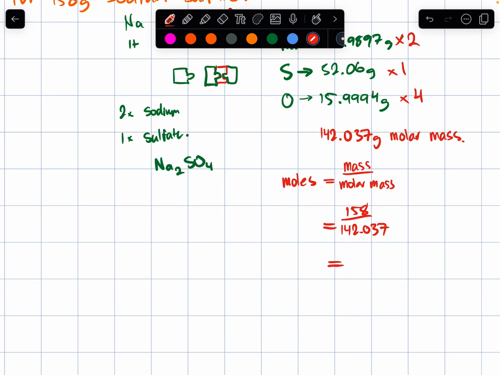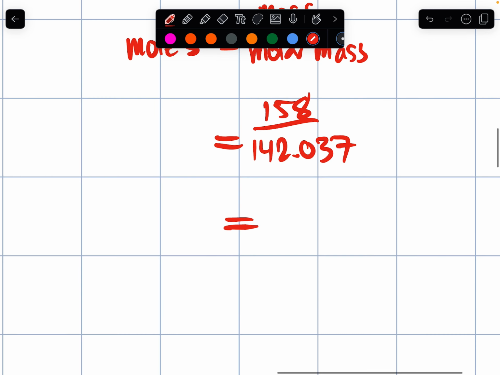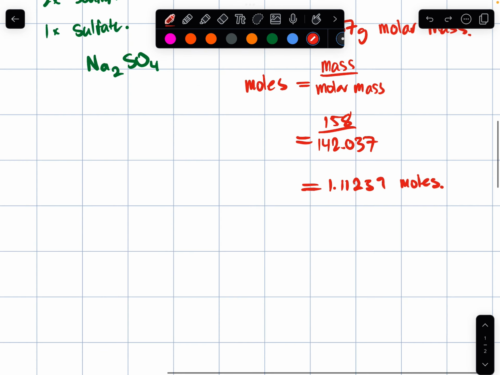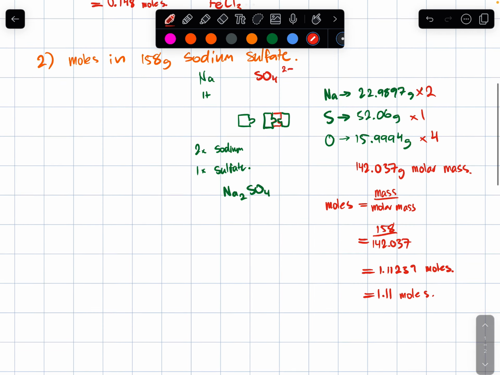bear with me here, 1.11239 moles, and then the lowest number of significant figures is 3, so 1.11 moles, rounded.